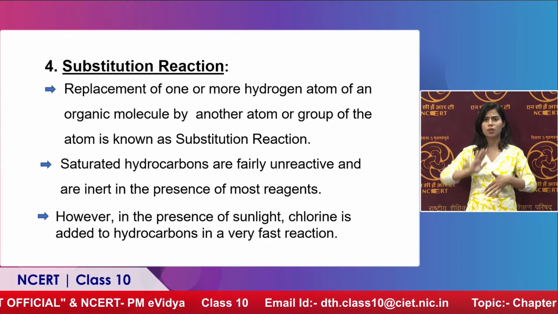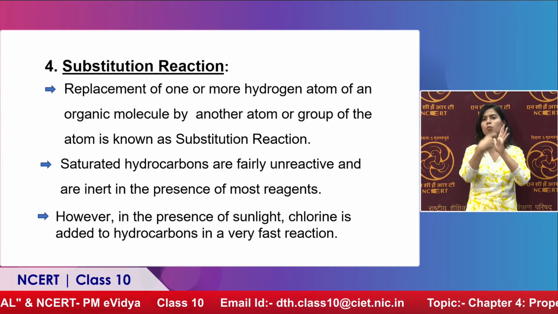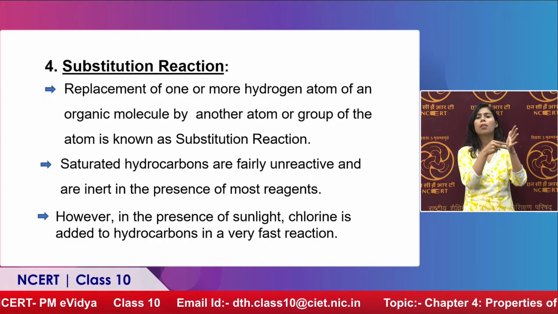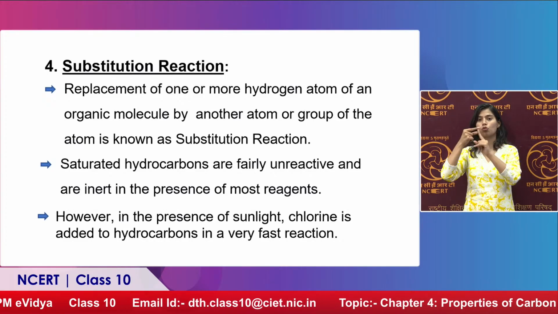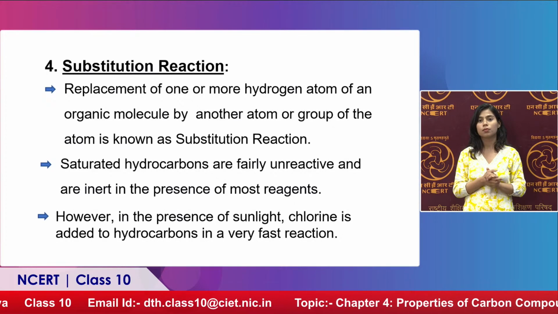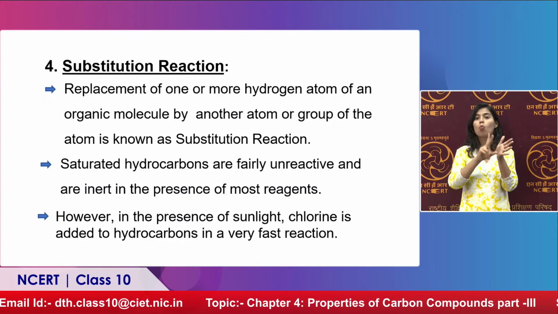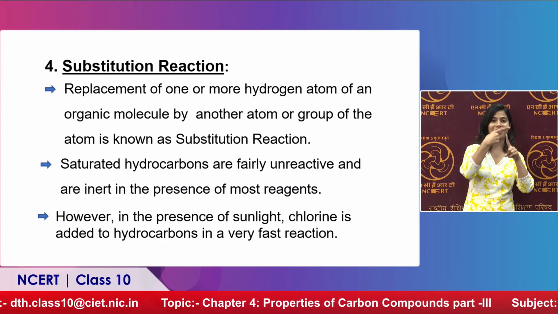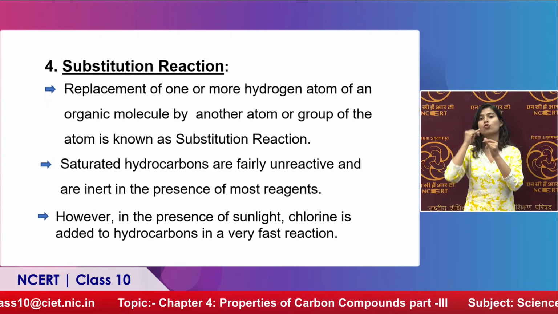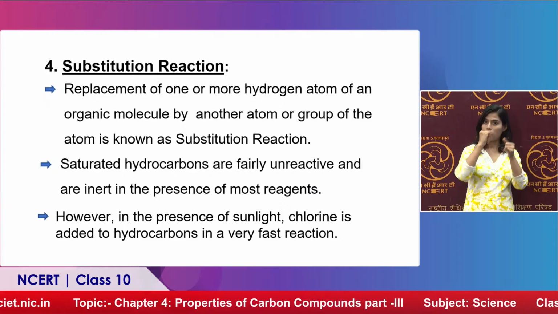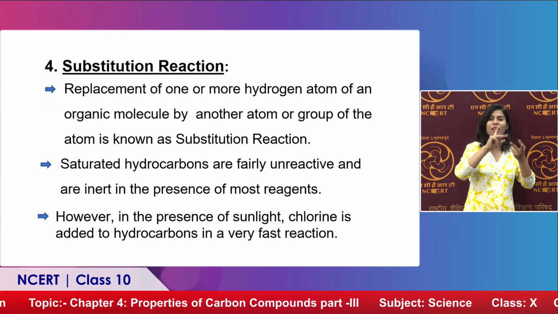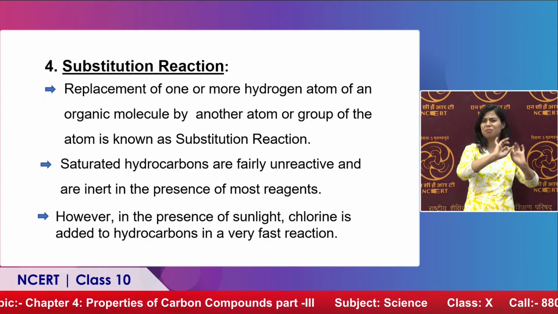So, the next chemical property is called substitution reaction. Replacement of one or more hydrogen atoms of an organic molecule by another atom or group of atoms is called a substitution reaction. Saturated hydrocarbons are fairly unreactive and are inert in the presence of most reagents.